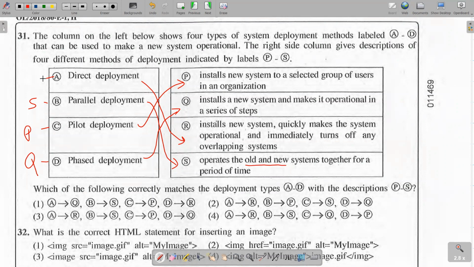Direct deployment goes with R. Yes, this is R. So A with R, B with S. Here B with P, incorrect. Here A with Q, incorrect. C with P, yes, C with P. Here it says C with Q, incorrect. So the third one is going to be the answer.